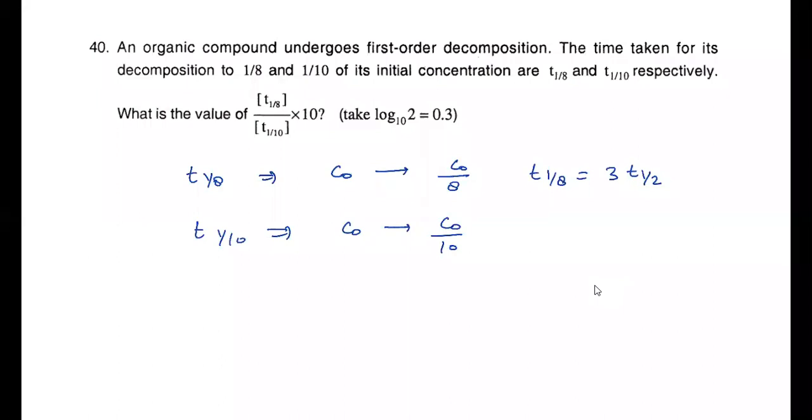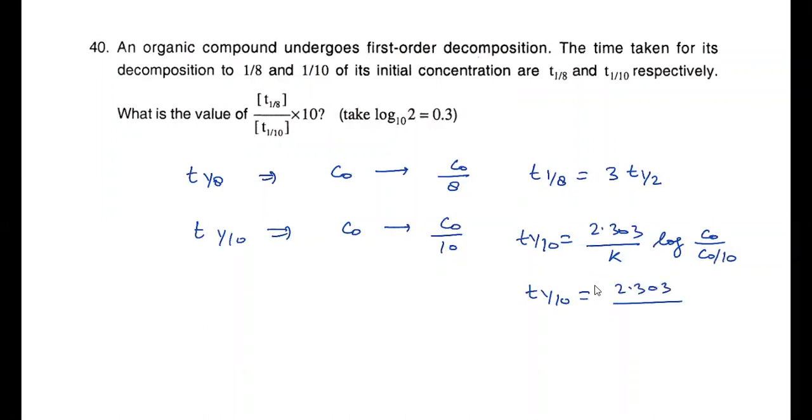And T1 by 10, if you calculate, then by the formula it is 2.303 by K into log of C0 by C0 by 10. So log 10 is 1, so T1 by 10 is nothing but 2.303 by 0.693 by T half, so into T half basically.